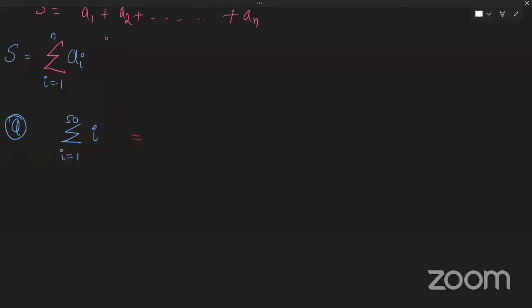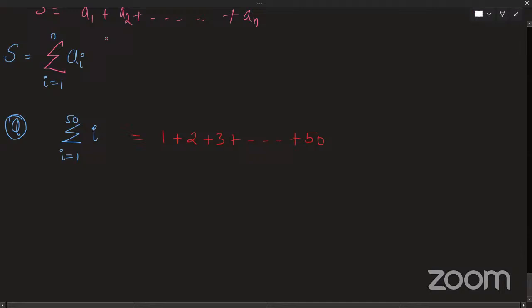Of what? Natural numbers, correct. I am asking you to find 1 plus 2 plus 3 and so on till 50, right? So it is basically 25 multiplied by 51. How much is it? 1275. Fine.